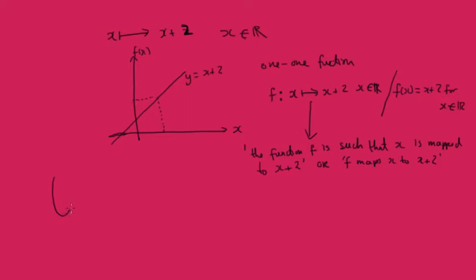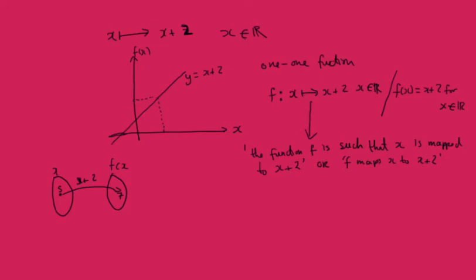So we'd have x here, and you'd have f of x over here. For example, if we had f of 5, we would have x plus 2, 5 plus 2 is going to be 7.